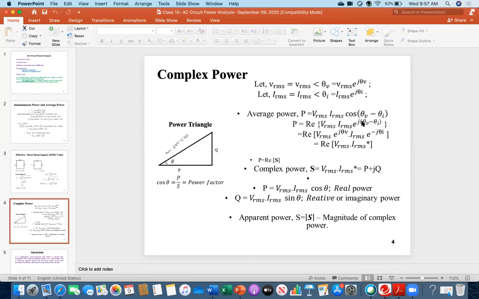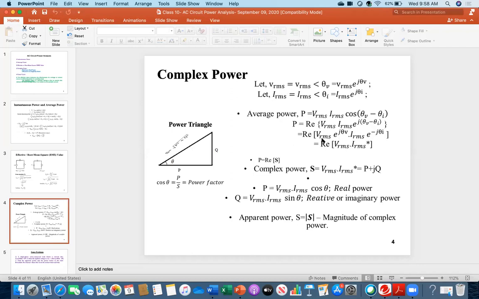I just decomposed this into two components, e to the power j theta V and e to the power minus j theta I. So I took VRMS and e to the power j theta V, because that was my definition, the phase angle of VRMS, and then IRMS and e to the power minus j theta I. I just organized it in that way.